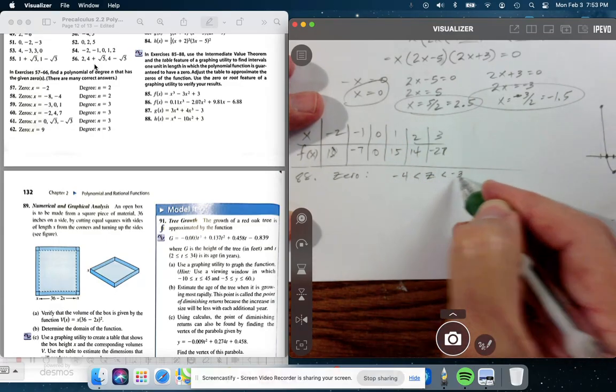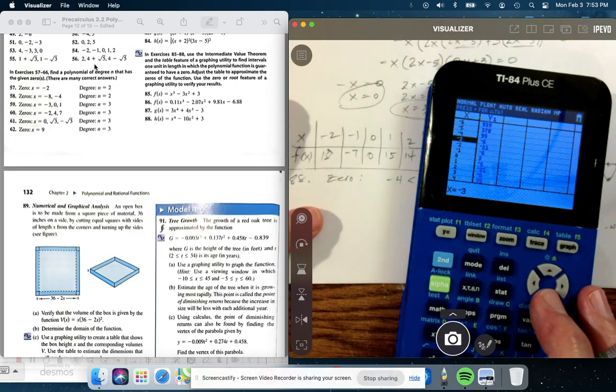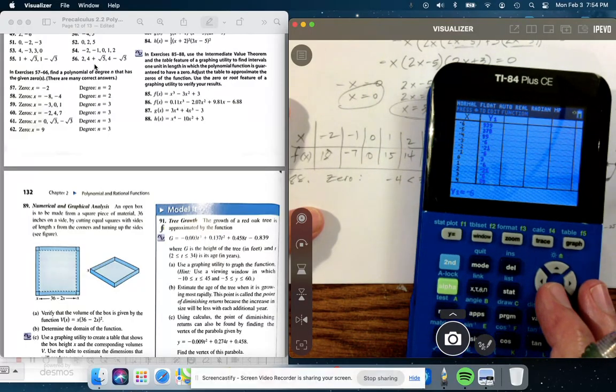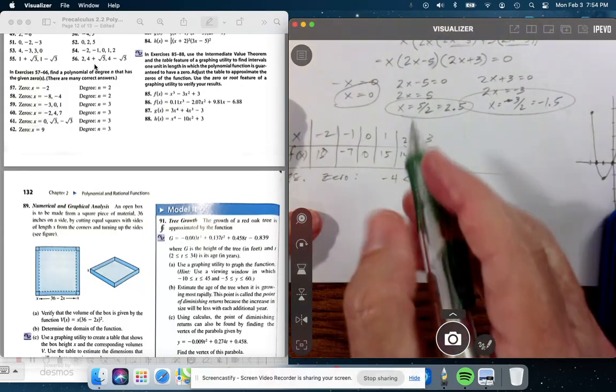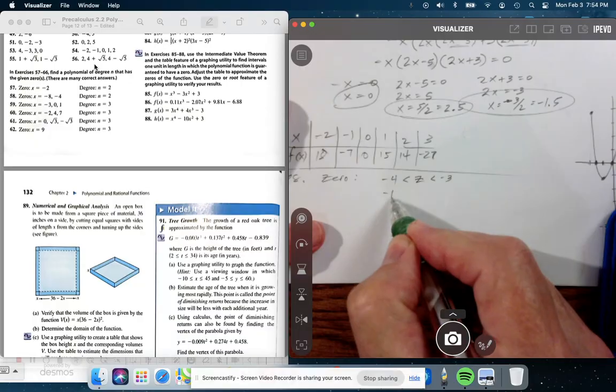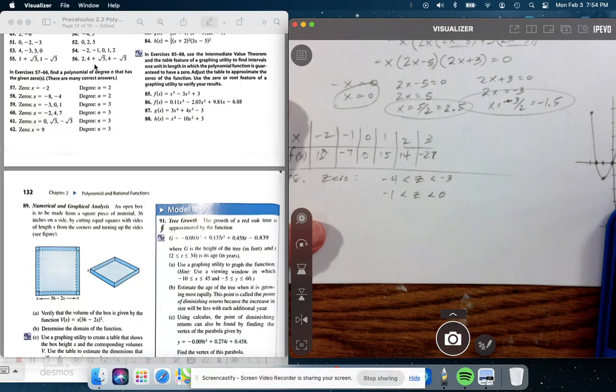It's bigger than -4, it's less than -3, based on the fact that it went from positive to negative. Okay, now it's negative, negative, negative, and then from negative to positive, so there's another 0, right? There's another 0 between -1 and 0. So between -1 and 0 is another 0.